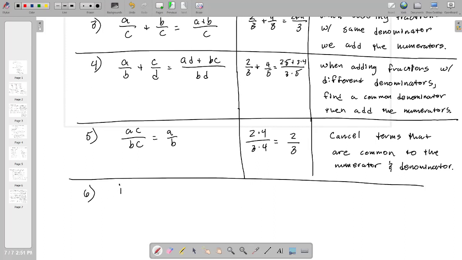Okay, 6. If A over B is equal to C over D, then AD equals BC. 2 over 3 equals 4 over 6. This implies then that 6 times 2 equals 3 times 4.